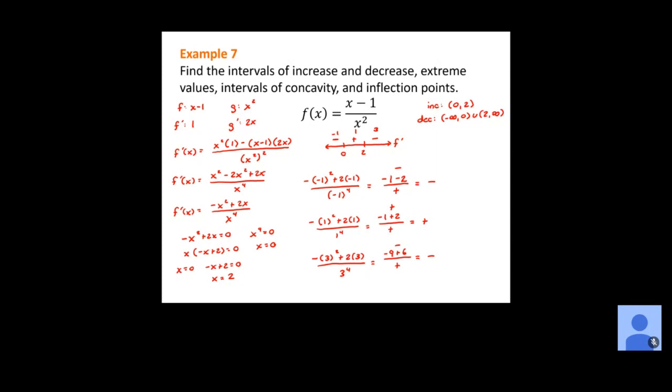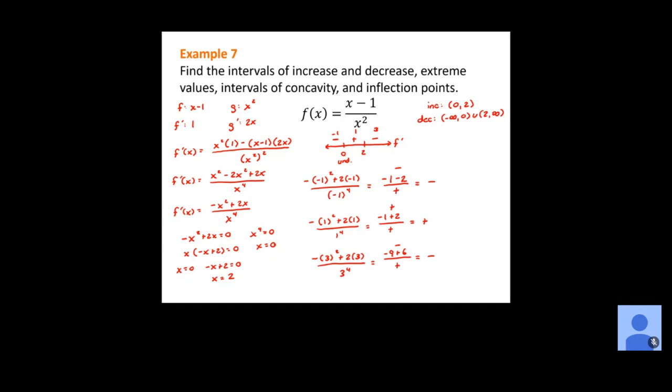The problem with 0, though, what's going to happen if I put 0 back into my original function? You don't get 0, you get what? Does not exist, right? Because 0 squared in the denominator gives us 0 in the denominator. This point down here is undefined. So we can't have a min or a max there because that would be undefined for the original function.